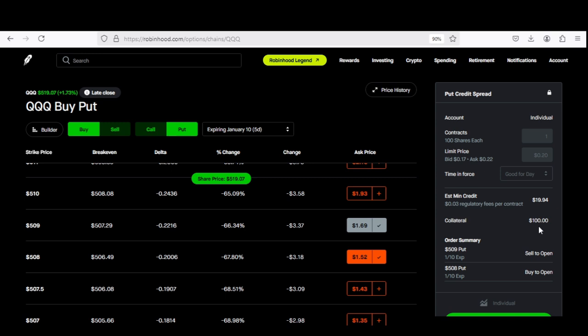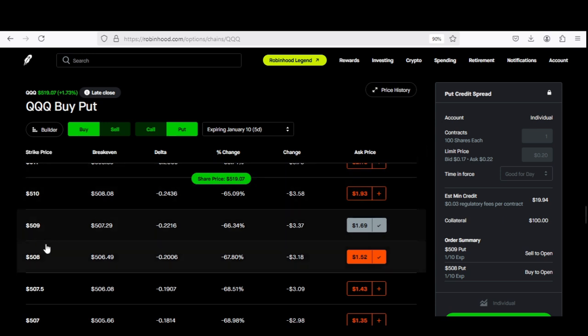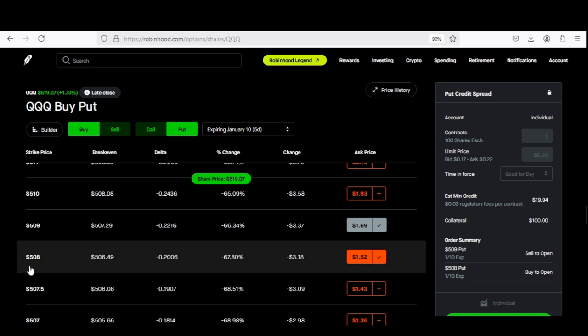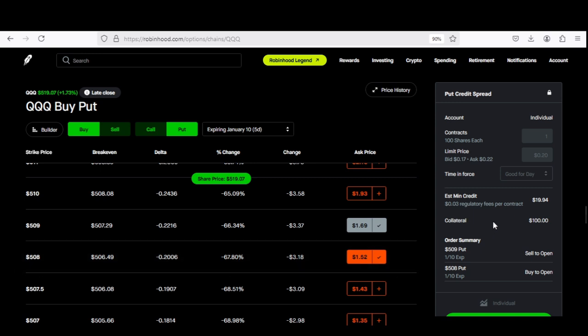Now, the other way this trade could go, once again, come expiration date of January 10th, if QQQ is trading at any price below your 508 right here, then once again, you keep your $20 premium, but this time you're going to lose your $100 because the trade went against you. Now, your overall loss is not going to be $100.